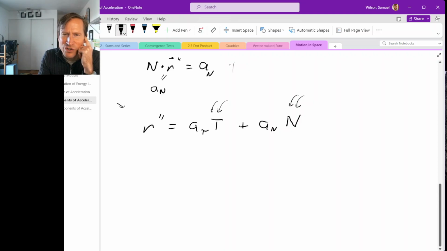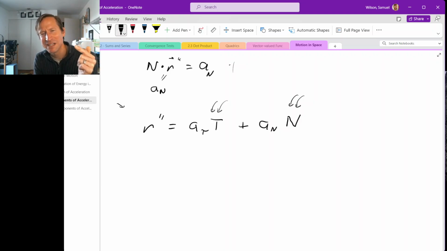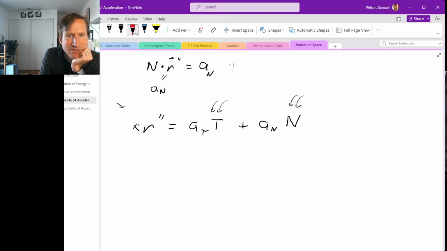What could we do to get this first piece 0? Well, dotting with n would do it, but that didn't help. Another thing we could do is take a cross product with something parallel to t, because the cross product of parallel vectors is 0. So what's a vector parallel to t? Well, t, of course, but also r prime. So let's cross both sides of this equation with r prime and see what happens.